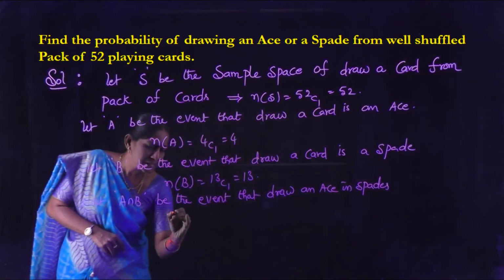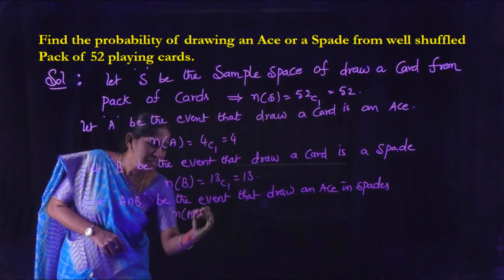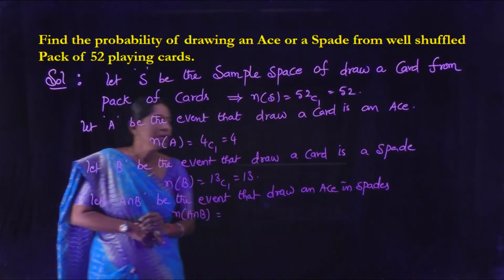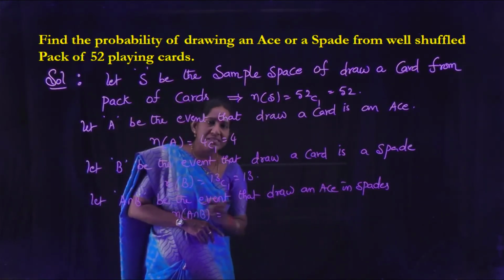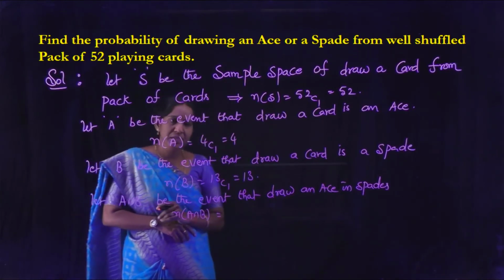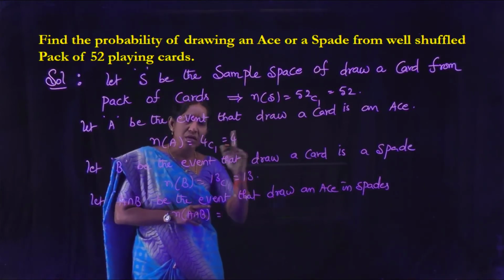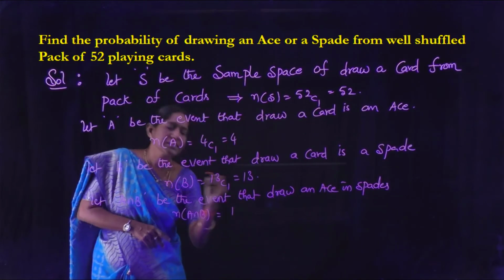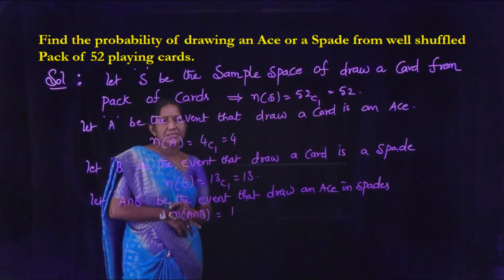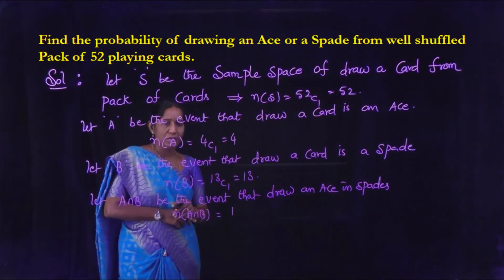That implies N of A intersection B equal to: spades is one suit, 13 cards. In 13 cards there is one ace only. So N of A intersection B equal to 1 only.